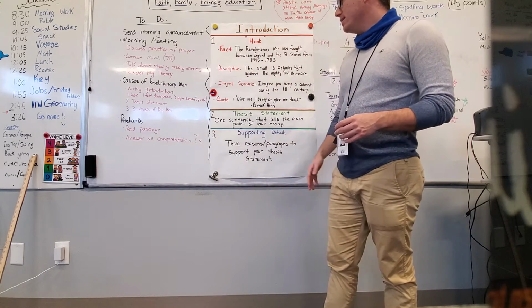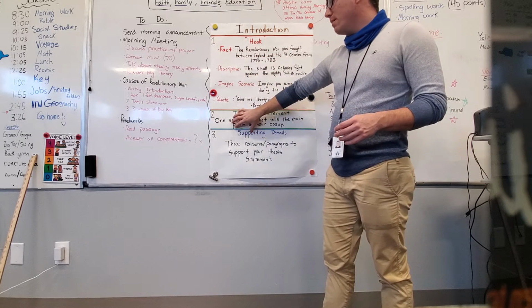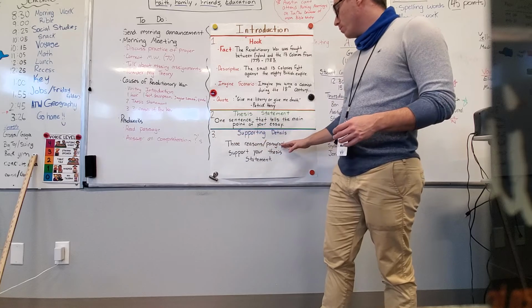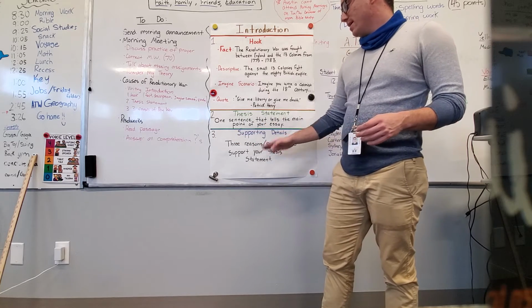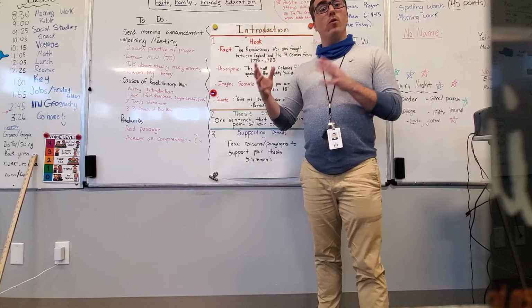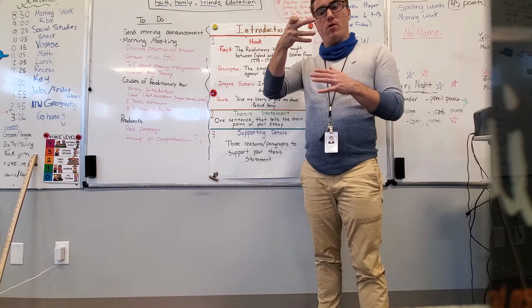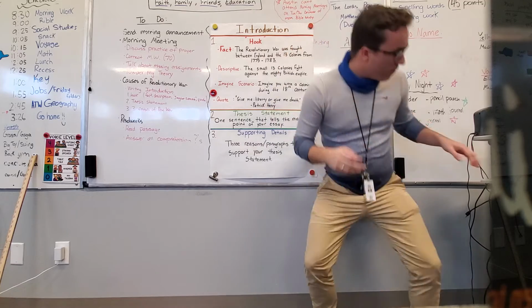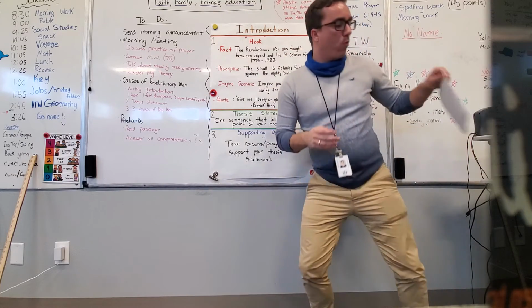And then last but not least, so first part of your introduction, second part. The third part is where you talk about your supporting details, the 3 reasons or paragraphs to support your thesis statement. Okay, so then going forward to tomorrow, you're going to have 3 body paragraphs. Those are going to be 3 different causes that you pick from your Causes of the Revolutionary War book.